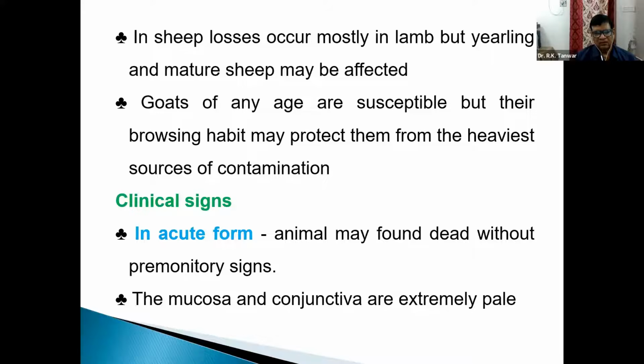I think in veterinary practice we have so many diseases like anthrax, ET, etc., where we find such clinical signs. So in haemonchosis, though it is an internal parasite, a nematode, in the peracute form the animal is found dead without premonitory signs. There is pale mucosa.